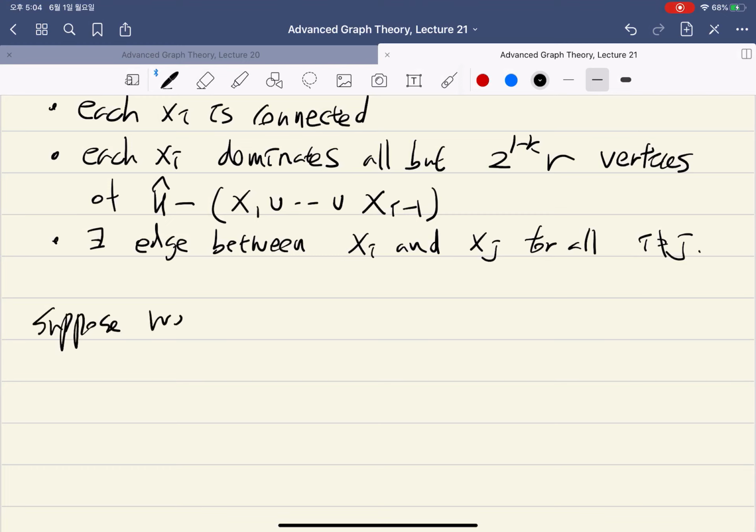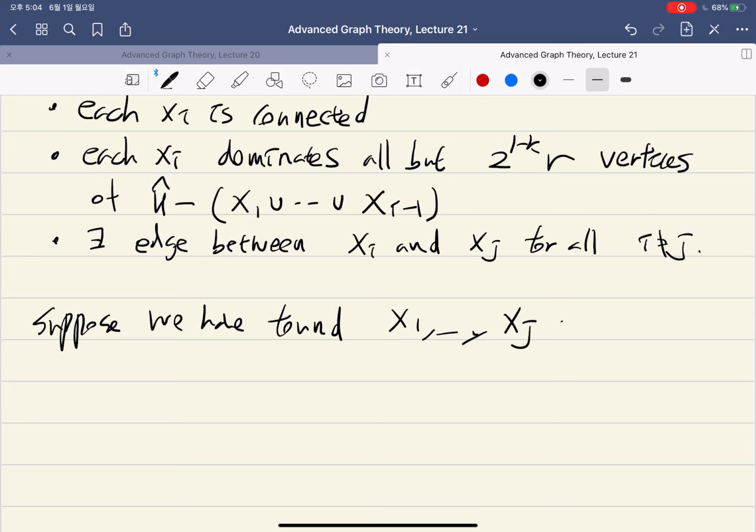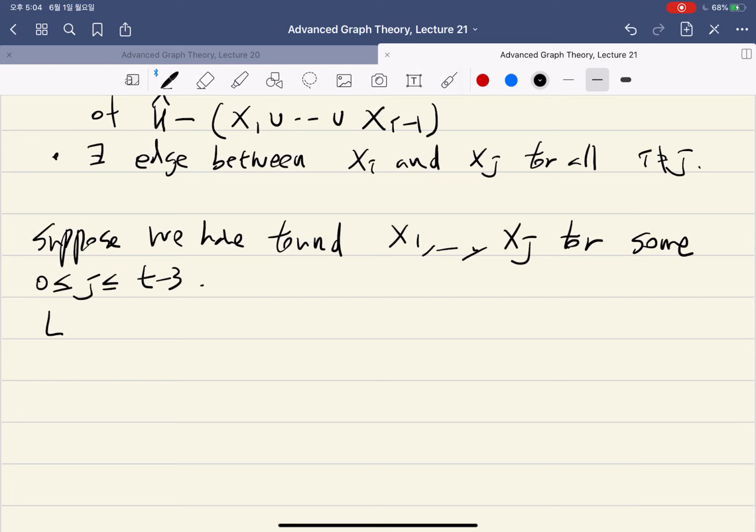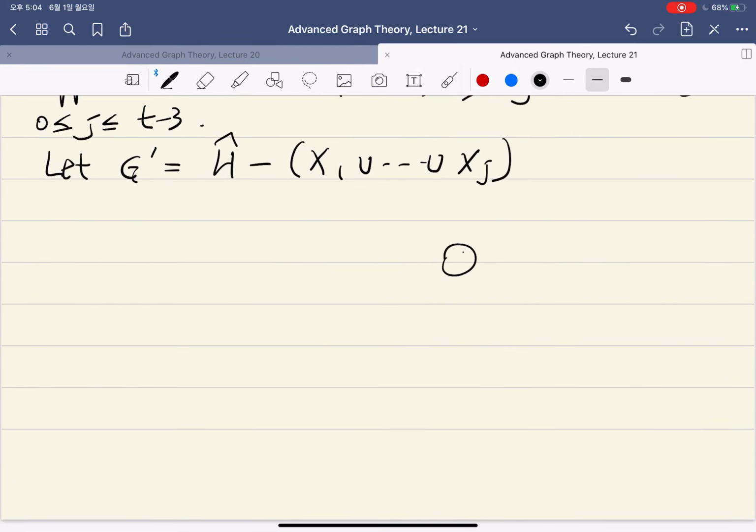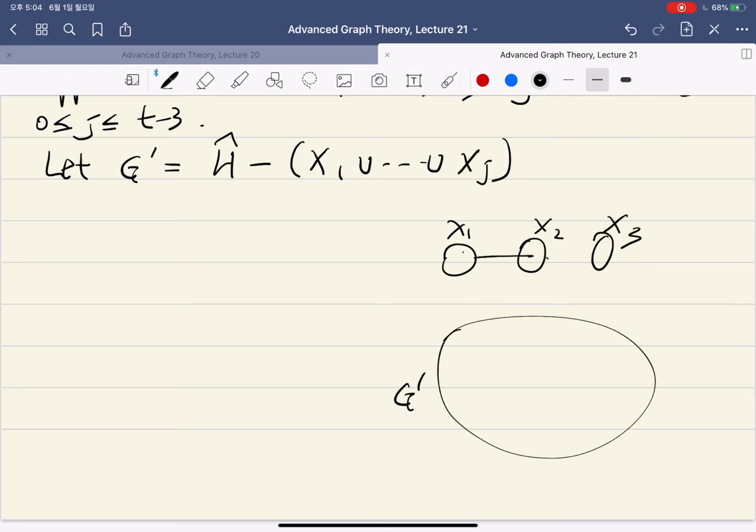So suppose we have already found x1 to xj for some j which is at most t minus 3. And let g prime be the remaining parts. So we have x1, x2, x3, then we have the remaining g prime, and there are edges here. And let x be the number of vertices we have already taken out.